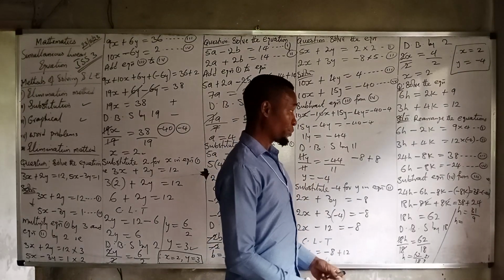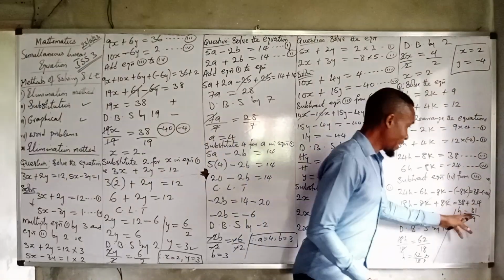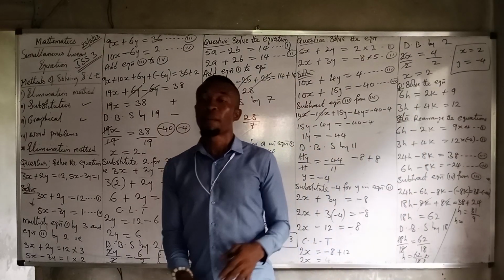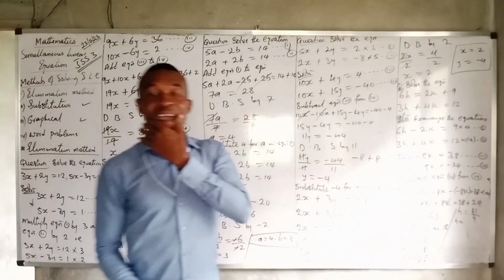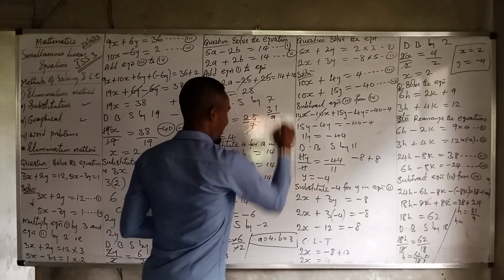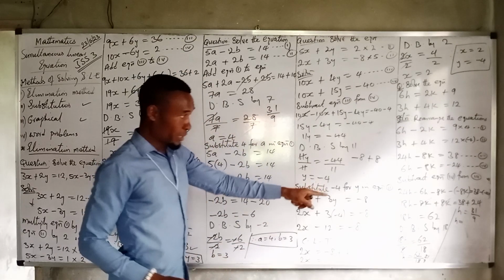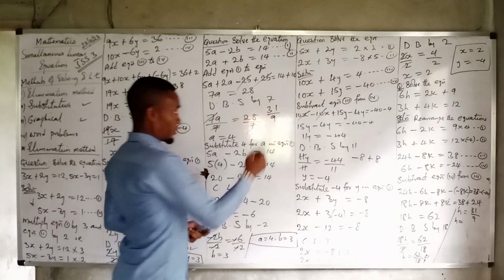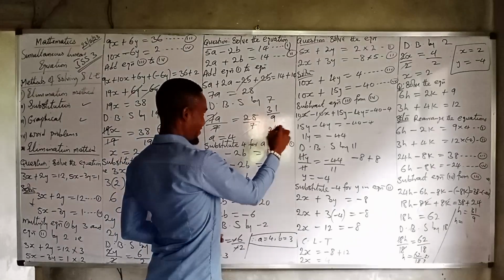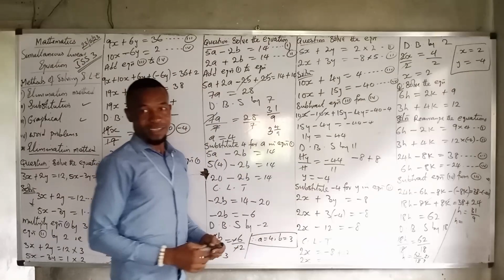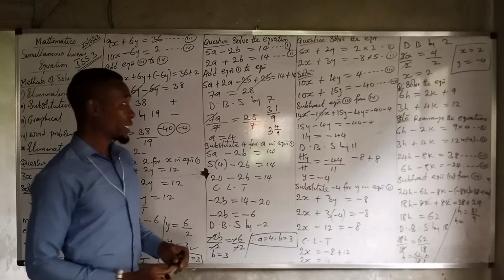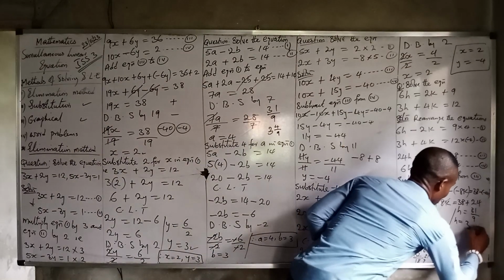Mixed fraction. Alright? Now, 31 divided by 9 is what? This is 3, remainder 4.